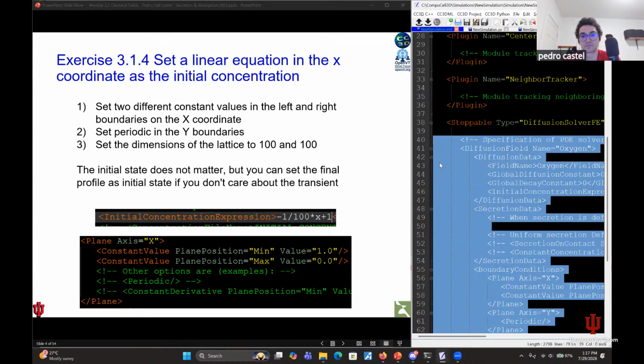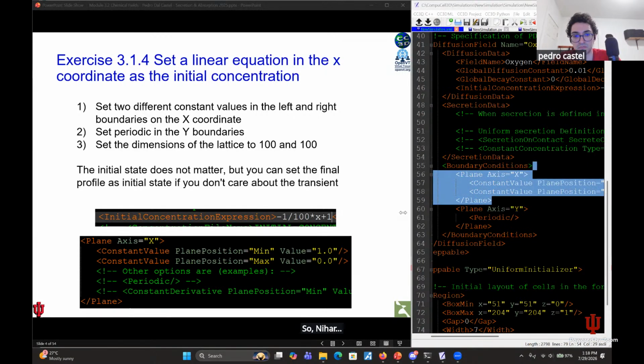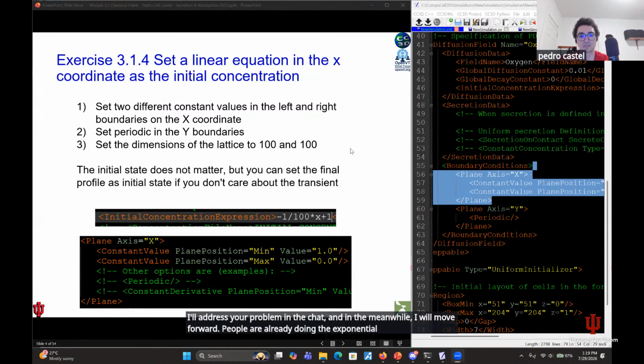A possible solution for our problem is simply copying and pasting. So Nihar, make sure you have exactly the same thing as I have here on the slide. And I'm pasting the boundary for the x-axis, okay? I'll address your problem in the chat, and in the meanwhile, I will move forward. People are already doing the exponential exercise, and I will address your problem there in the chat.